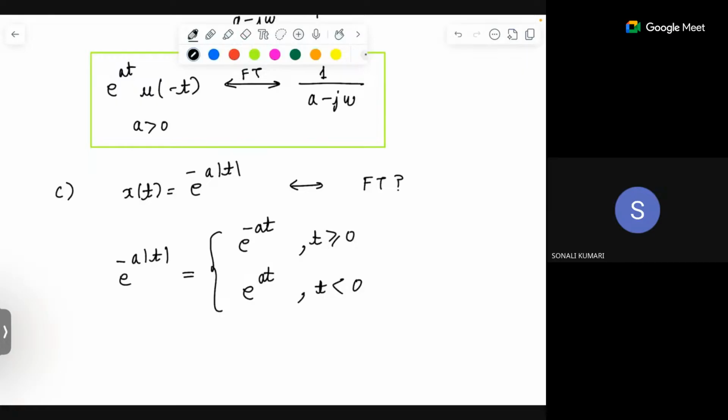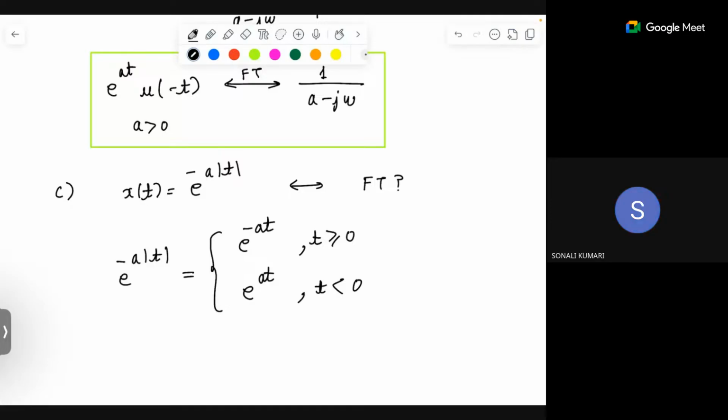Ma'am, but we get a different value at t equal to 0. If we put in t equal to 0, it will be e raised to the power of 0 in both cases, which will be 1.